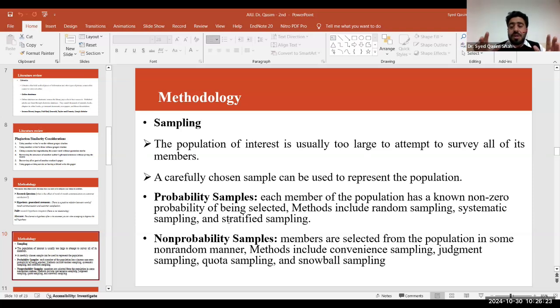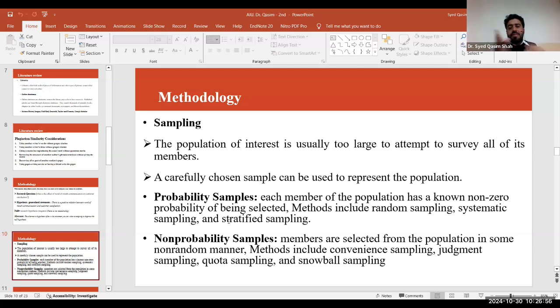So let's say I'm using the AIU students who are involved in this process. Sampling must be representative. How is it representative? If I'm working on the online education system, my population is all the students, and within that system all the AIU students, since they are AIU students, are basically involved in online education.